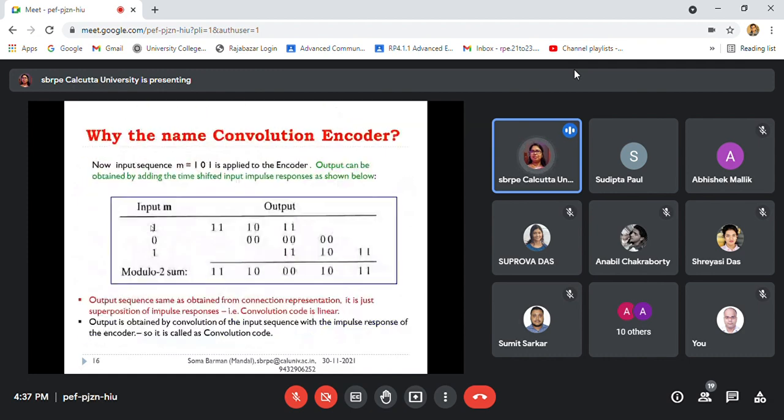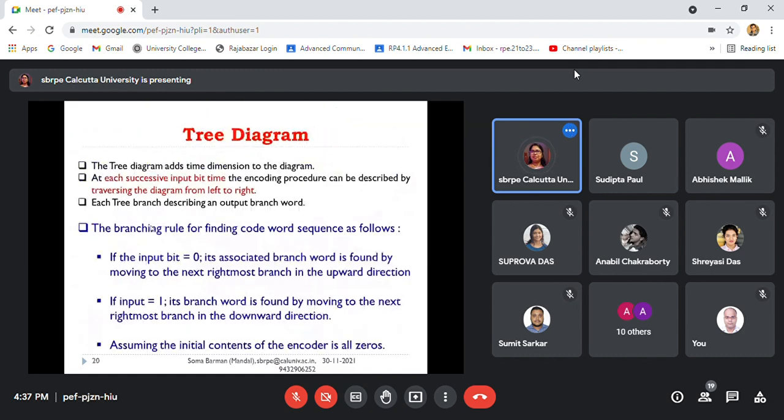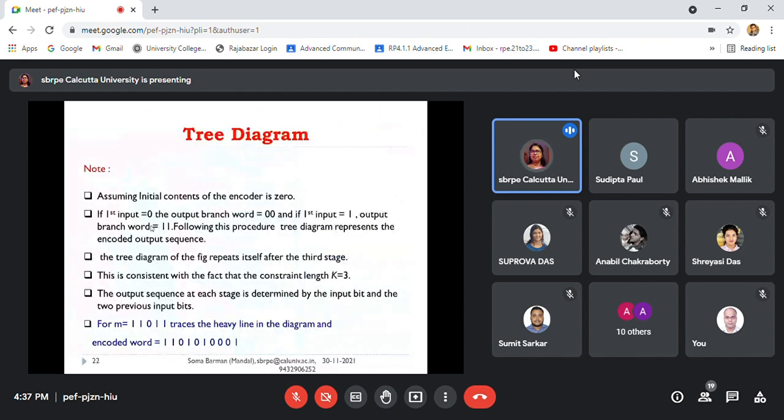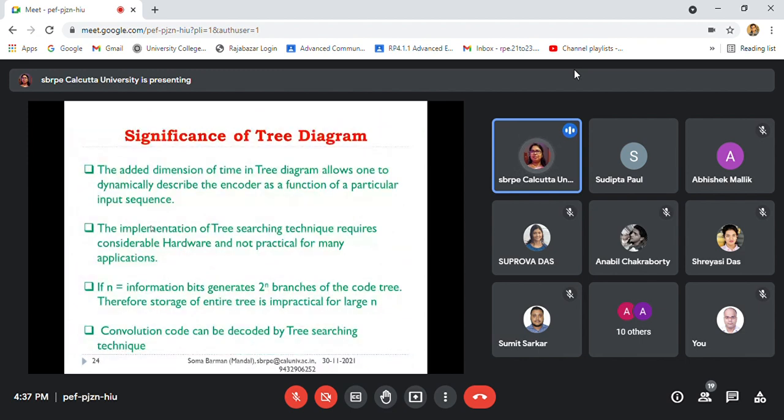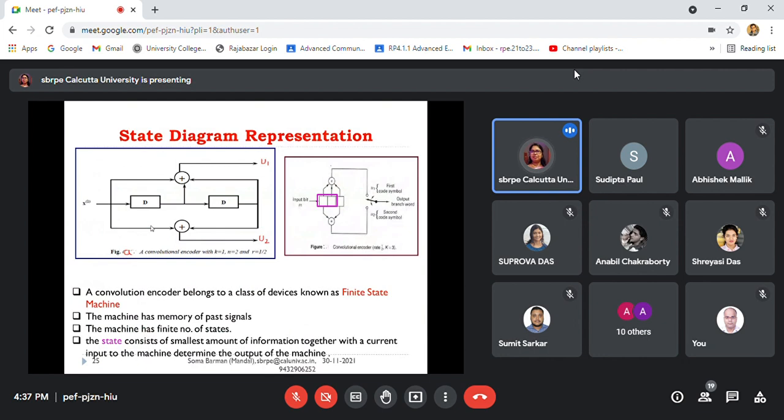We have taken this example everywhere in our slides, though some examples may differ. This is the state diagram representation of that convolution coder of constraint length K equal to 3 and code rate half.